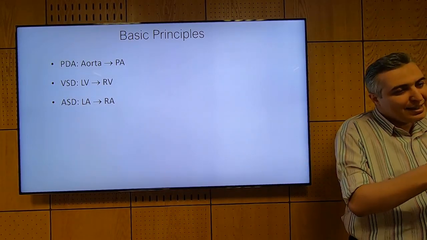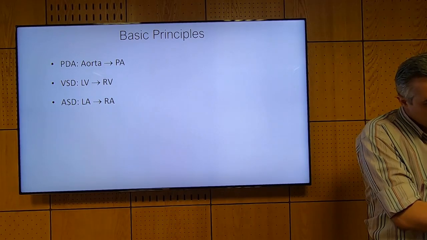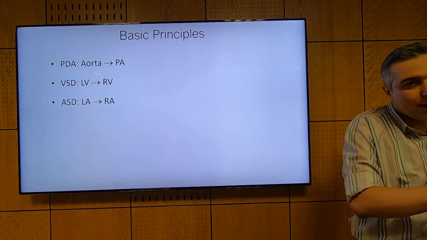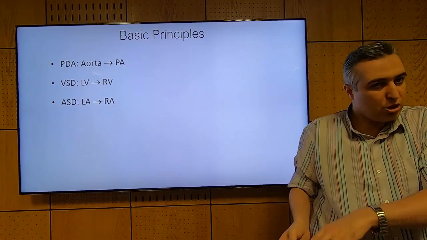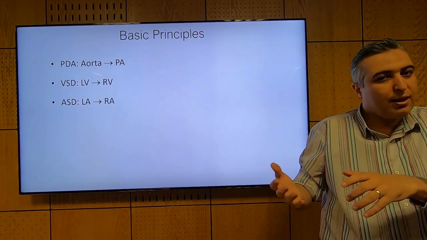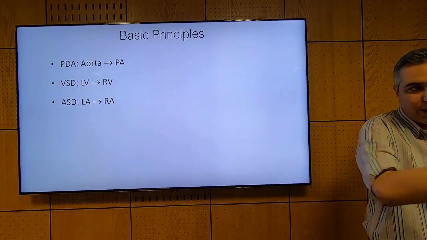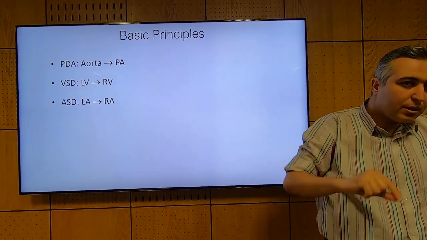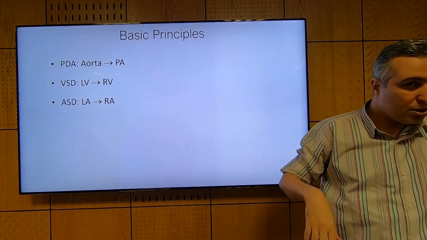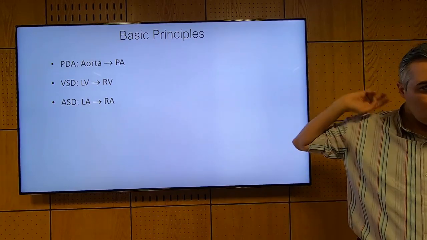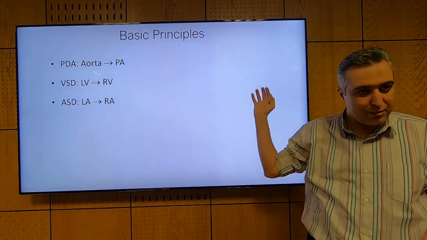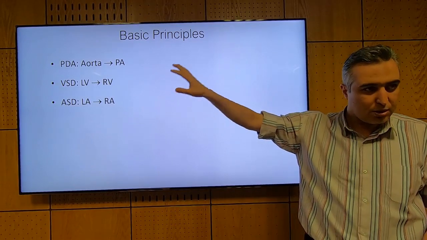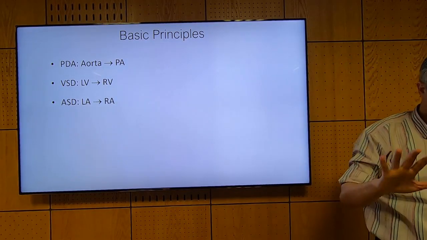And so the left ventricular end diastolic pressure is slightly higher than the right ventricular end diastolic pressure. And since in diastole atria communicate with ventricles, the left atrial pressure will be slightly higher than the right atrial pressure. And that's why you get left to right shunt from left atrium to right atrium. Have you got that? Yes.